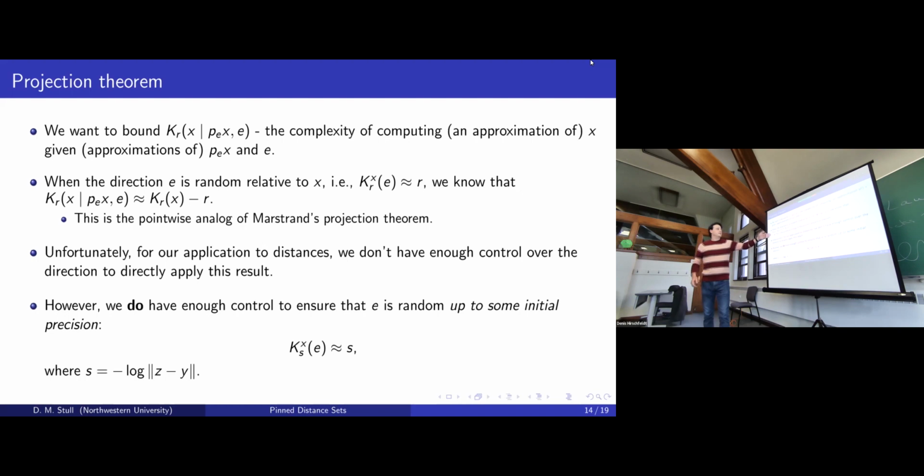We know that the complexity of computing an approximation of X, given the projection of X and given the direction, is at least the complexity of X minus R. This is a tight bound, and this is the pointwise analog of Marstrand's projection theorem. This is something that Neil Lutz and I worked out a couple of years ago.